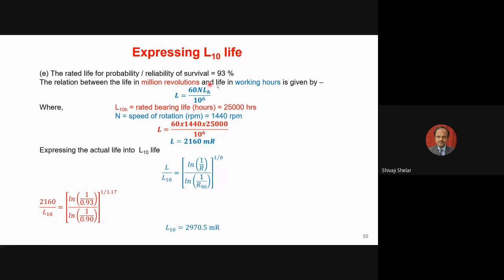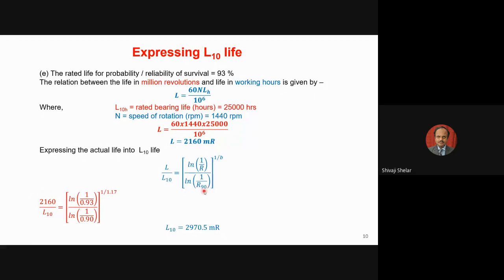Now with a reliability or probability of survival of 93%, what is the L10 in that case? To determine this L10 value, we can put the values here. B value is 1.17. R value is 93%, which means 0.93. L value, we require a minimum life of 2160 million revolutions.